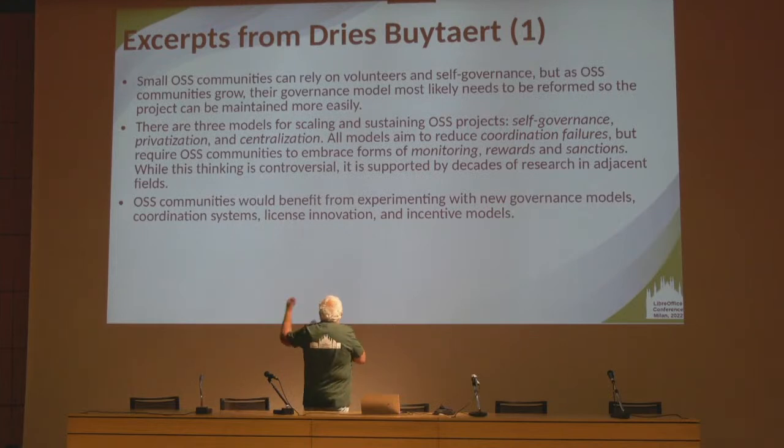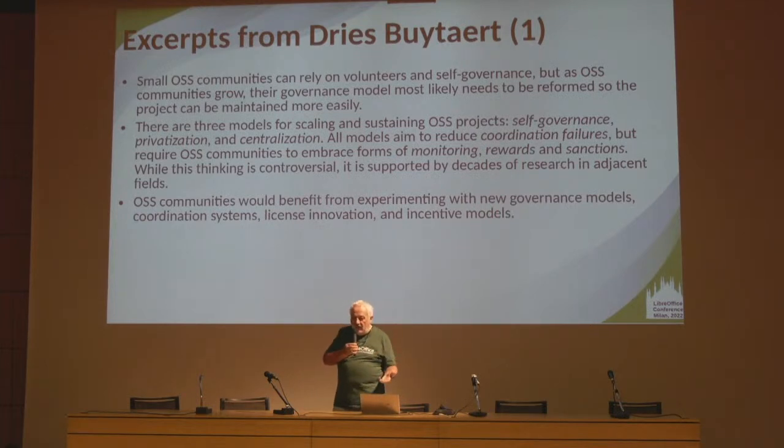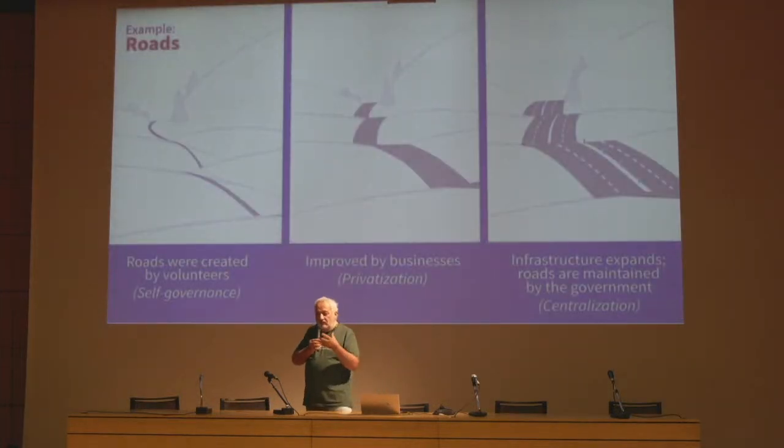So if we go to self-governance or centralization, what Dries suggests is to improve self-governance to the next level, which is a challenge, but it may happen.